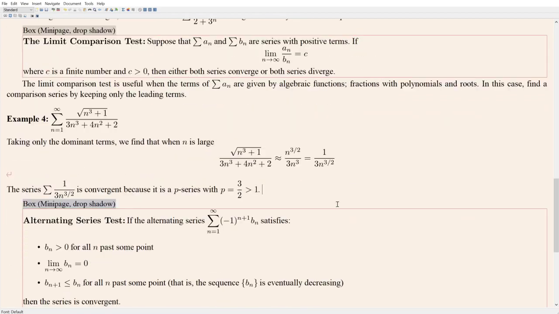Okay, so if we do the limit comparison test, we take the limit of the ratios of the two series, the one that you've been given and the one that you're comparing it to. And then if this limit is a finite non-zero number, then these two series have the same behavior. In particular, since this guy converges, the one that we're interested in would also have to converge.